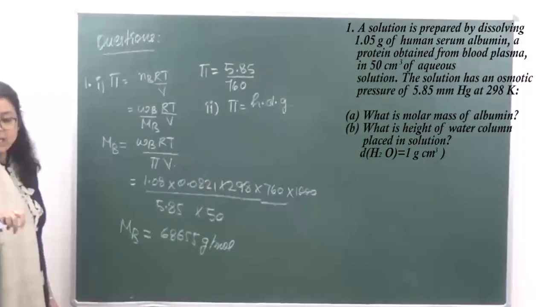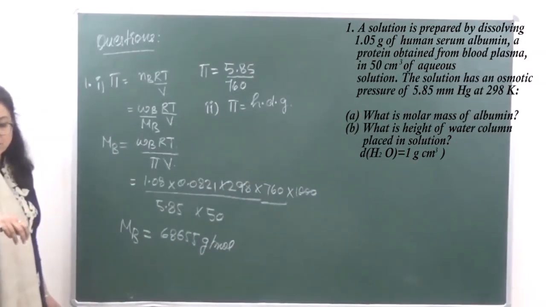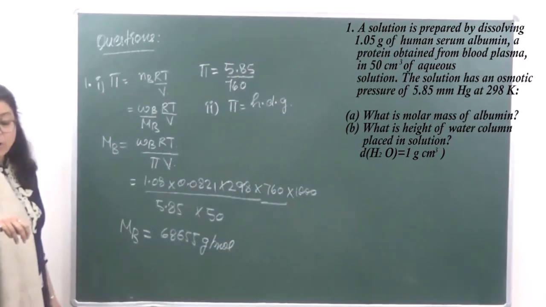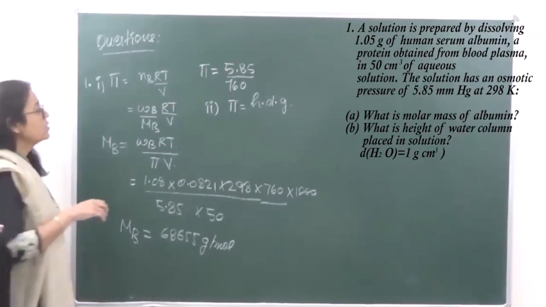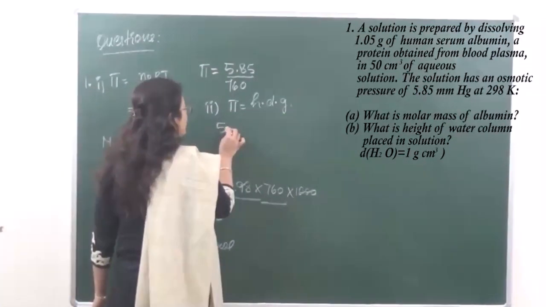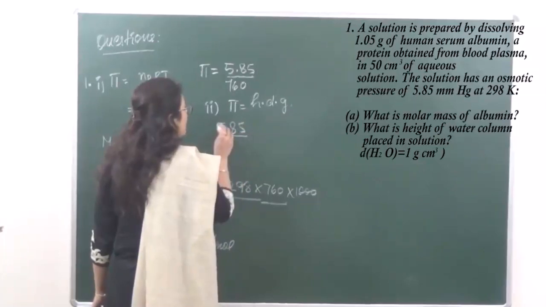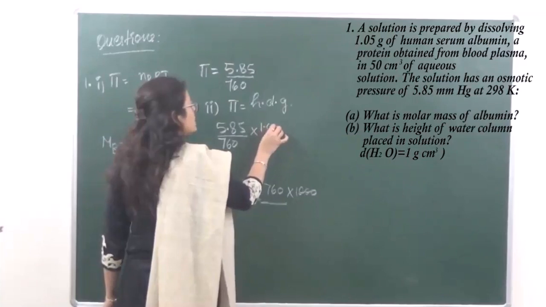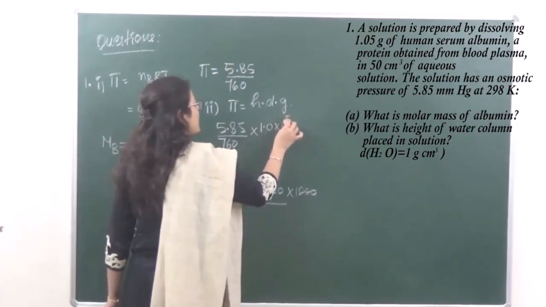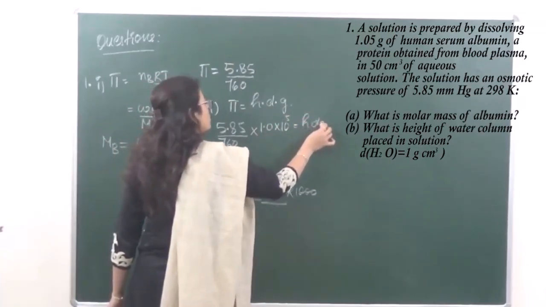The value of pi is 5.85 upon 760, but we have to convert it into pascals. If we convert to pascals, multiply by 1.0 into 10 raised to power 5. So we have 5.85 upon 760 into 1.0 into 10 raised to power 5, that is equal to hdg.